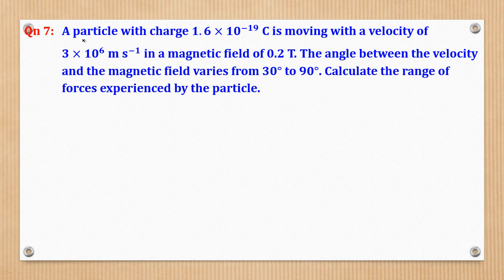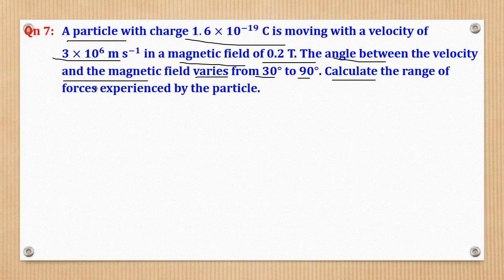Then question 7. A particle with charge this is moving with a velocity of this in a magnetic field of 0.2 Tesla. The angle between the velocity and the magnetic field varies from 30 degrees to 90 degrees.